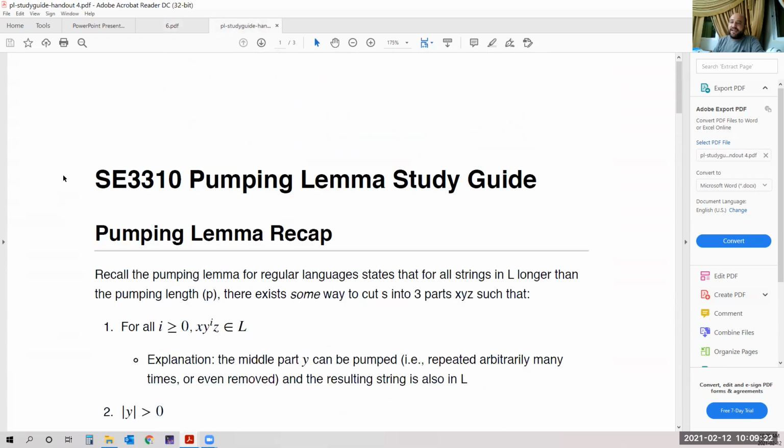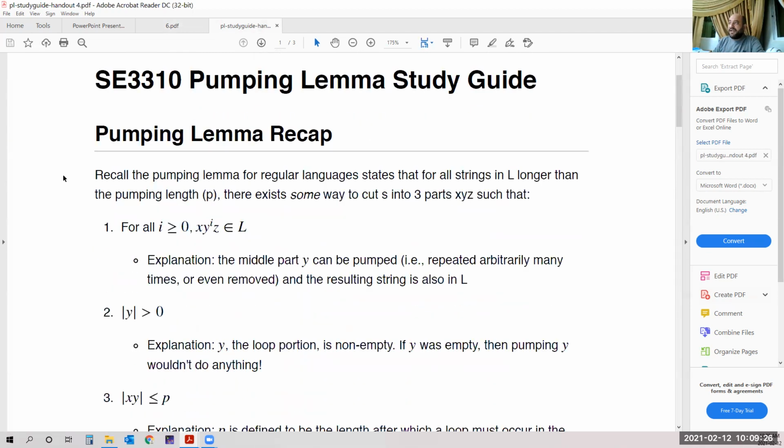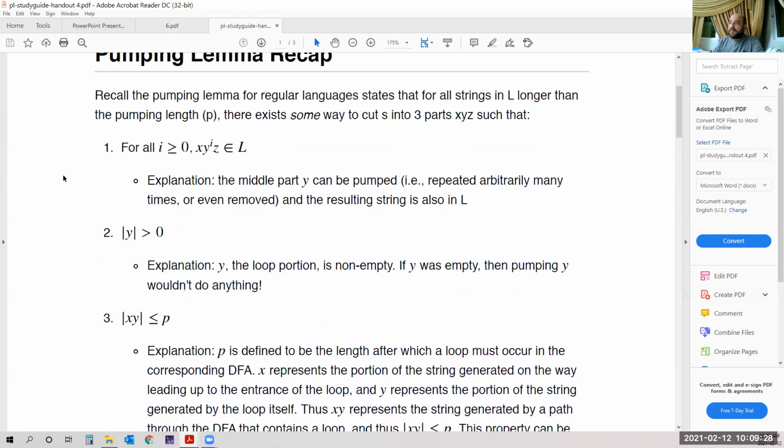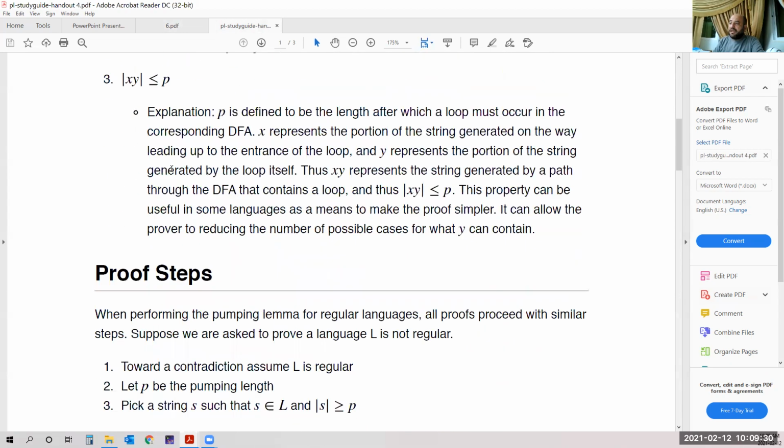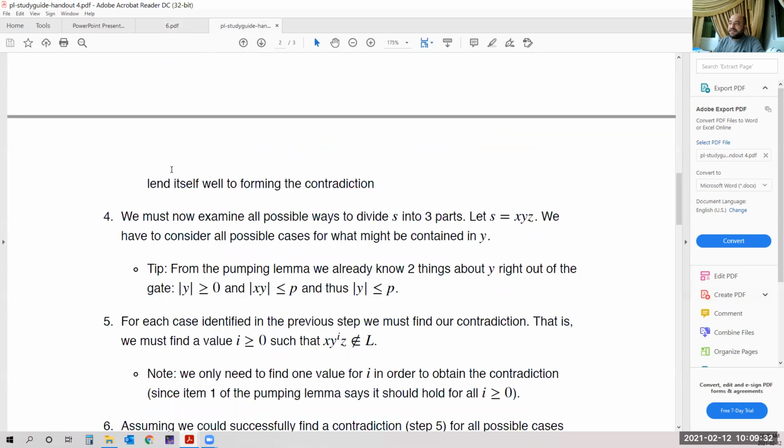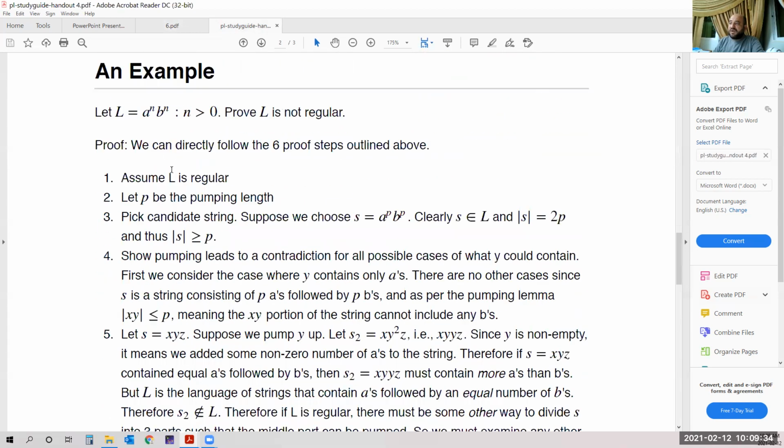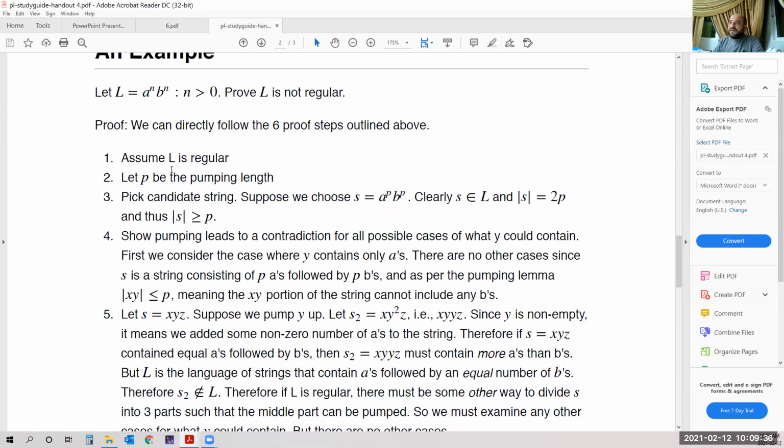Also here, the professor's slides offer deep detail on what we are talking about. The pumping lemma recap: recall the pumping lemma for all i. Here are the proof steps, with an example: prove L is not regular. Assume L is regular. This is the basic assumption that we always use. We assume it's regular, then we prove it's not regular by contradiction.